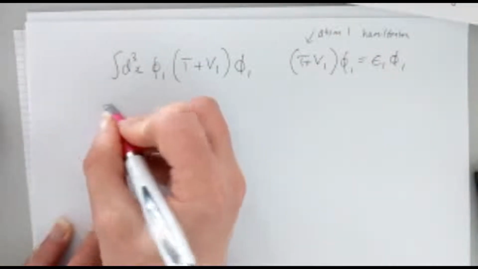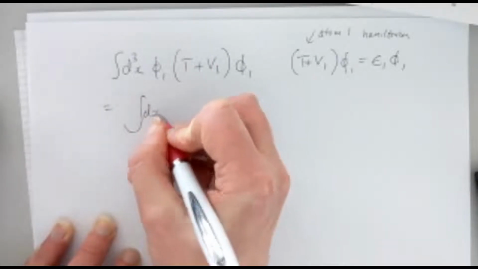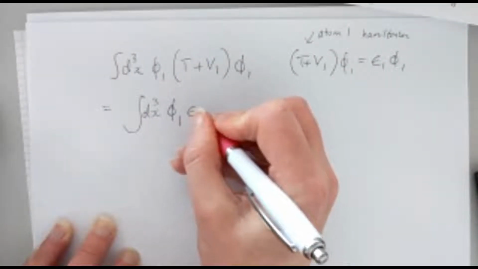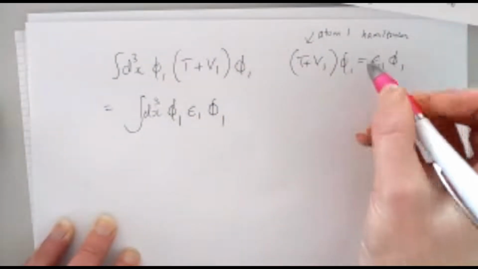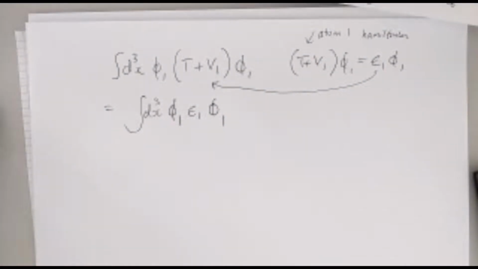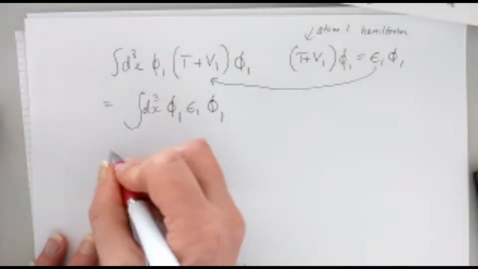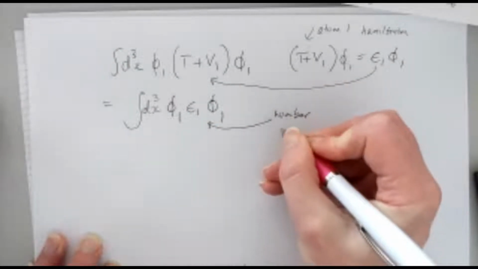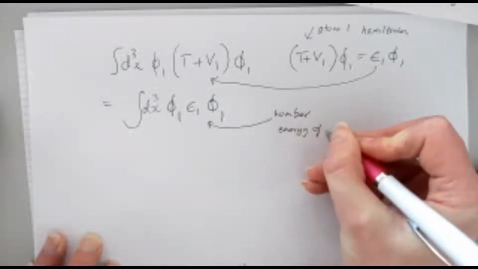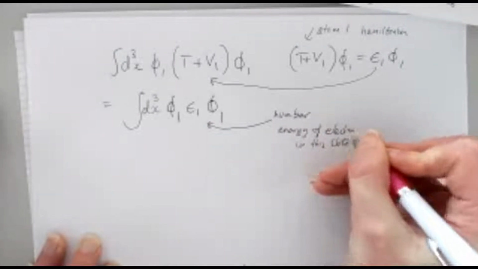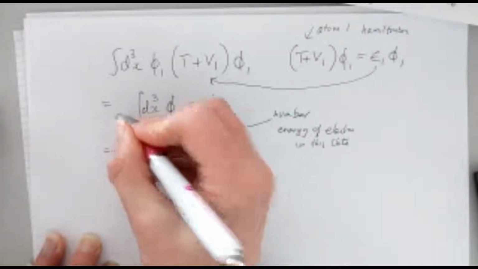So this is equal to the integral over all space of phi 1 epsilon 1 phi 1. I'm substituting this in there. Now, epsilon is a number, it's the energy of the electron in this state, so I can take it outside the integral.